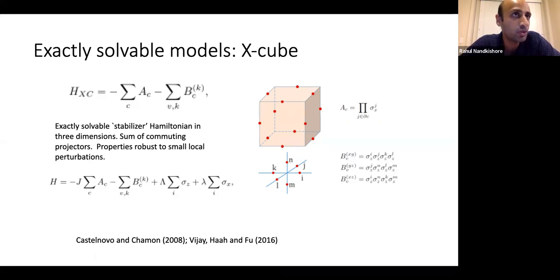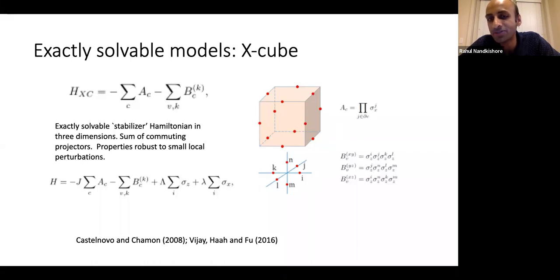And furthermore, you can show that this model is a fixed point Hamiltonian for a phase. So the essential properties are robust to perturbations. So you can calculate a bunch of properties of the phase using this fixed point Hamiltonian. And then you can expect that those properties would be common to any system that realized this phase, even if it was somewhere else in the basin of attraction.